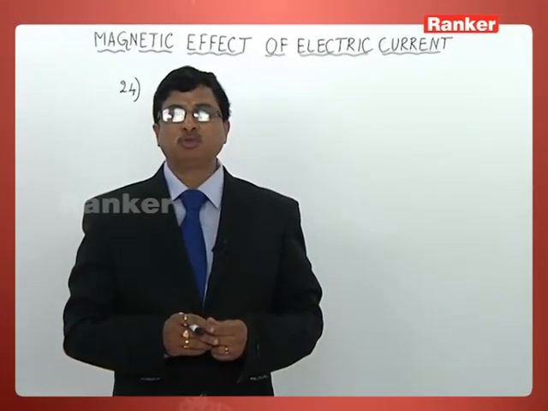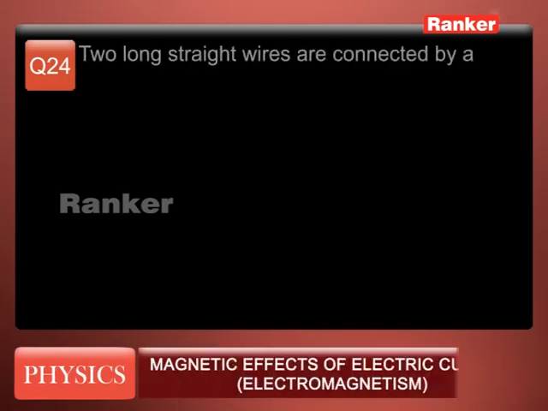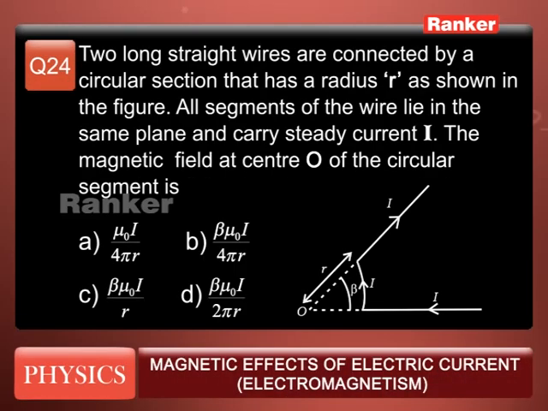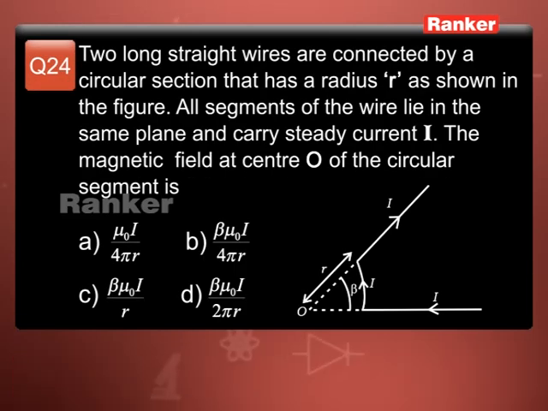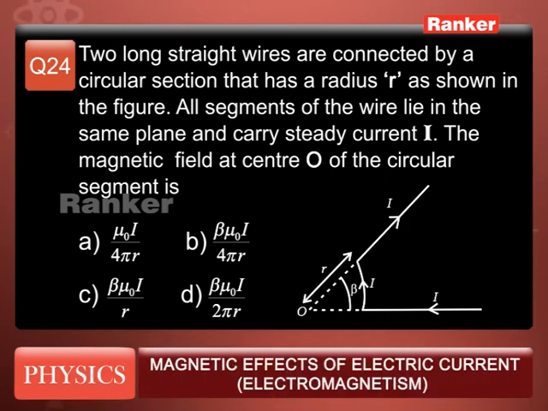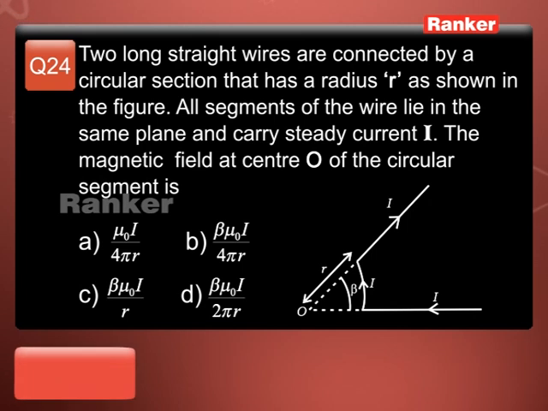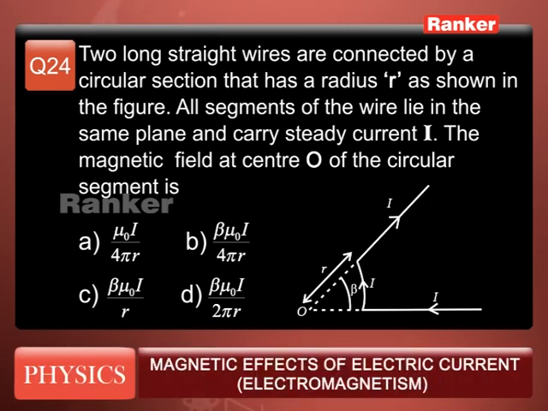Let us check problem 24. Two long straight wires are connected by a circular section that has a radius r as shown in the figure. All segments of the wire lie in the same plane and carry steady current I. The magnetic field at the center O of the circular segment is how much?